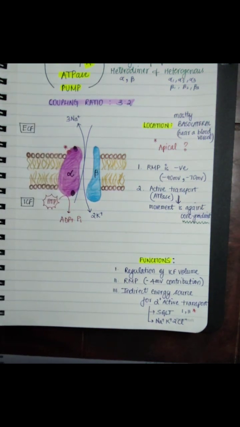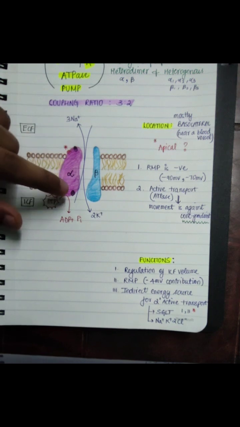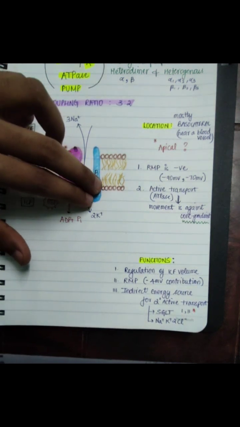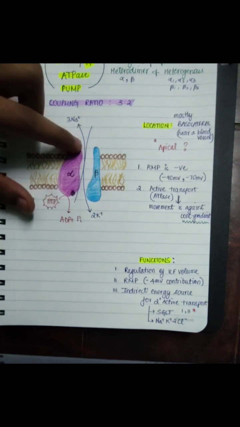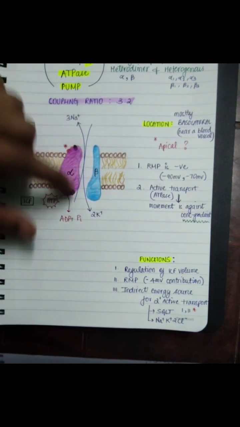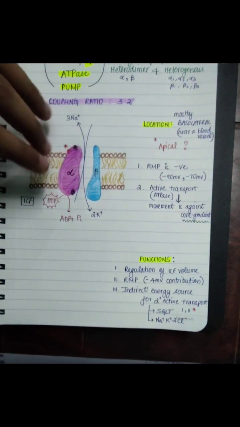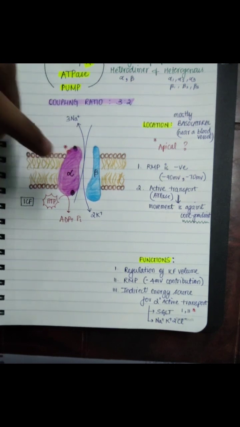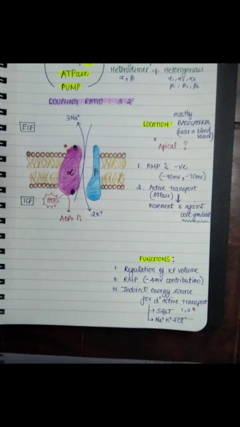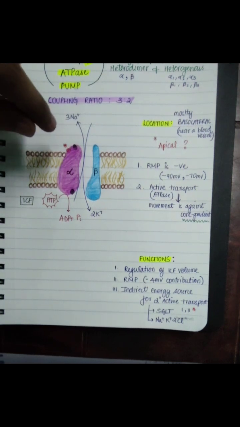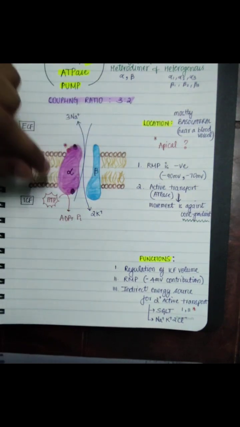Another thing, alpha is the main active component of the sodium potassium pump. All the binding sites, the sodium binding site, potassium binding site, and ATPase hydrolysis site, are all found in the alpha unit. Another most widely used drug, for example in congestive cardiac failure, even that has this activity on the sodium potassium pump.